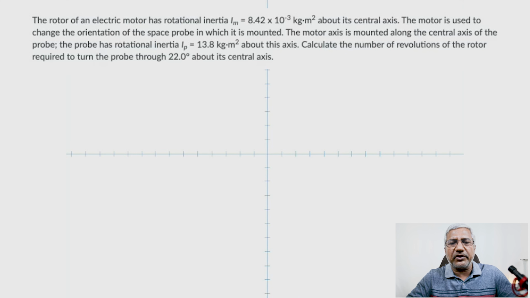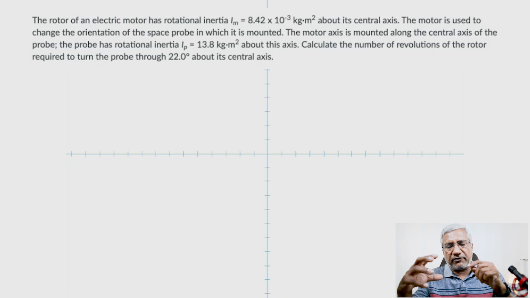The rotor of an electric motor has rotational inertia 8.42 times 10 to the negative 3 kilogram meter squared about its central axis. The motor is used to change the orientation of the space probe in which it is mounted. The motor axis is mounted along the central axis of the probe.